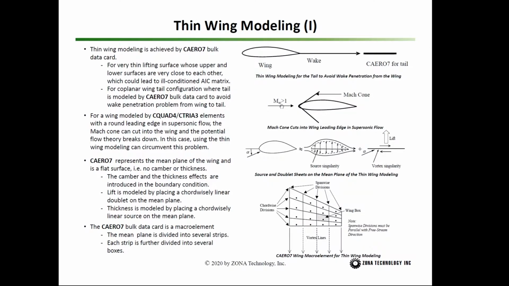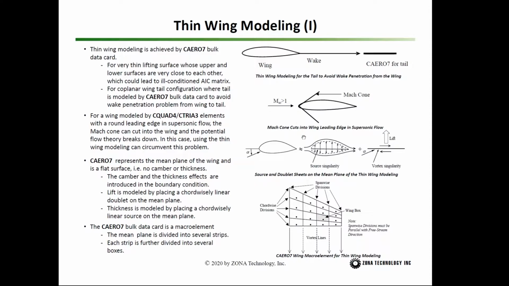Okay, so when the Mach number increases, the cone angle decreases. So if you have a long leading edge, you can easily encounter a so-called super inclined panel, because if the Mach cone cuts into the panel, this panel is called a super inclined panel.